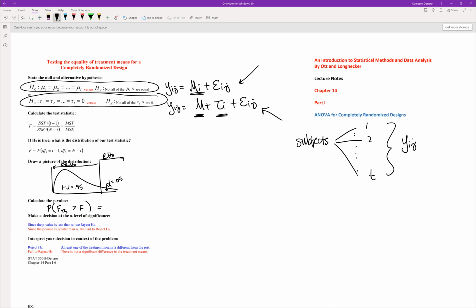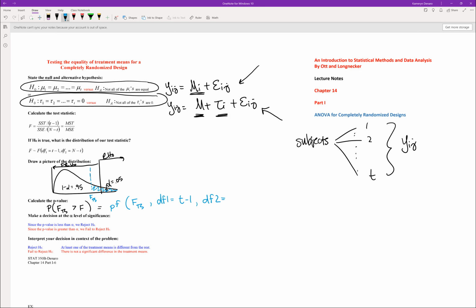Essentially, if I find my test statistic, I'll draw it in a different color. Let's suppose my test statistic falls over here. I need this area under the curve. So I'm going to say pf of your test statistic, and your degrees of freedom 1 is going to equal t minus 1, the numerator degrees of freedom.